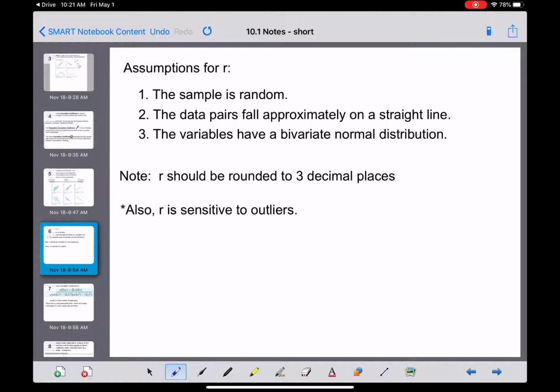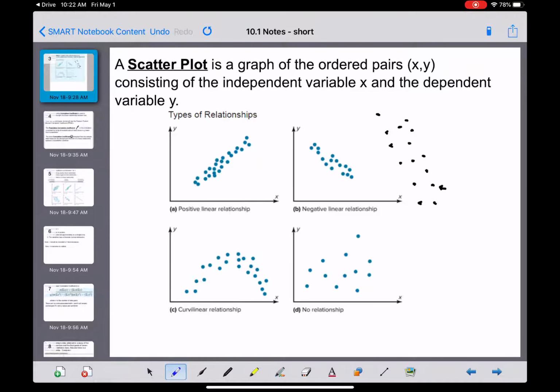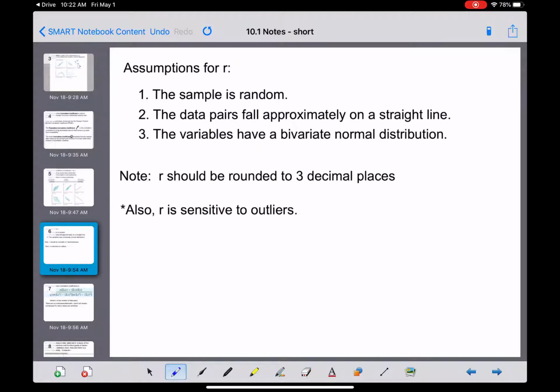Our assumptions for r: the samples were random. The data pairs fall approximately on a straight line, so that we are able to find a linear relationship. If we have this curvilinear relationship, then we wouldn't want to use linear regression. We'd want to use a different type of regression.